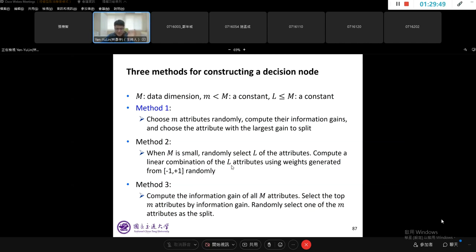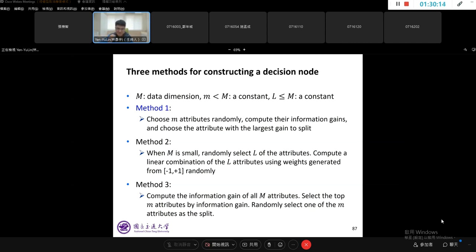Then we linearly combine the 10 selected dimensions with 10 randomly selected weights. After this process, we project data to a new dimension. In this case, we just have one-dimensional data.